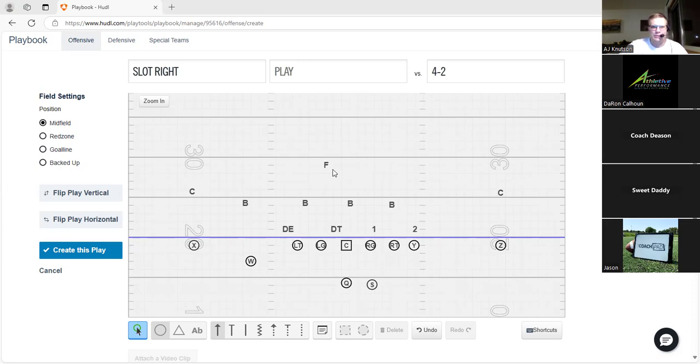For us, this is slot right, and the play call tells him to line up to the right unless the play call tells him otherwise. Because what we'll do here is line up slot right and go 13 veer, and that's going to put him over here.